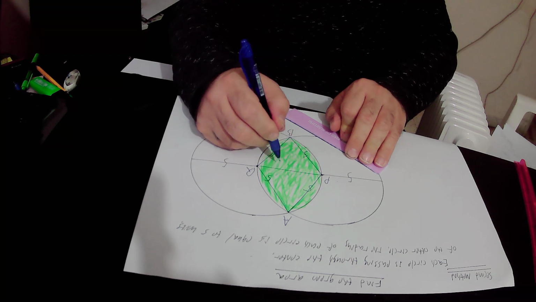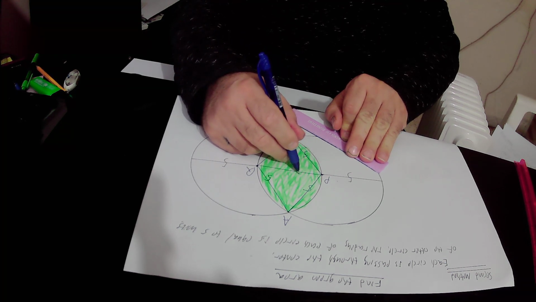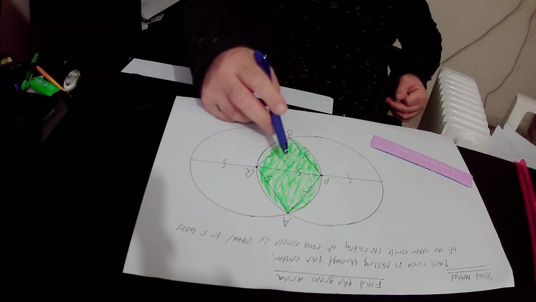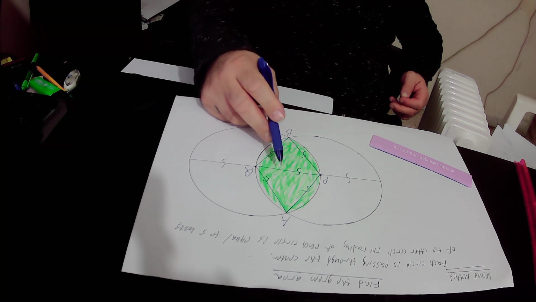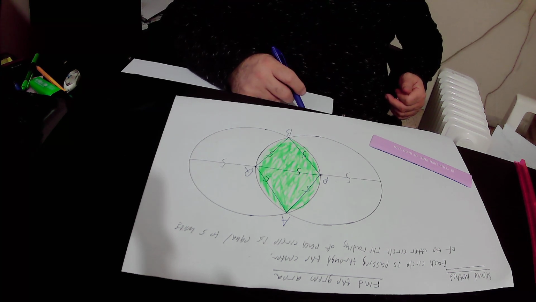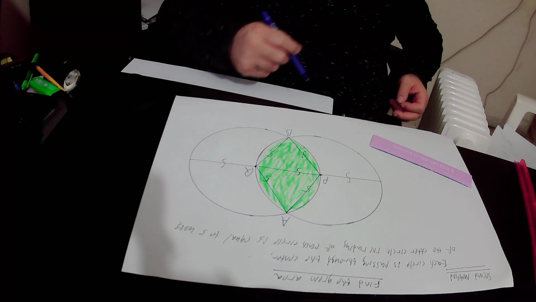PQ also is equal to the radius of this circle, that is to say it equals 5 units. So triangle APQ is an equilateral triangle because all of its sides are equal to each other. And triangle PBQ is also an equilateral triangle.